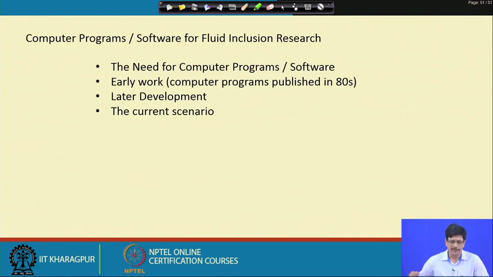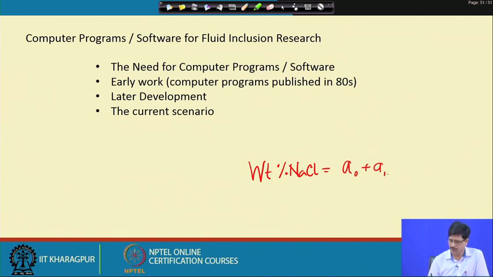So, the first point where the need for a computer program or software comes in is, if we take the simple example of weight percent NaCl equivalent from freezing point depression data, we say that weight percent of NaCl is just equal to some parameter A0 plus A1 times theta, which is the depression of the freezing point from 0, plus maybe A2 theta square.